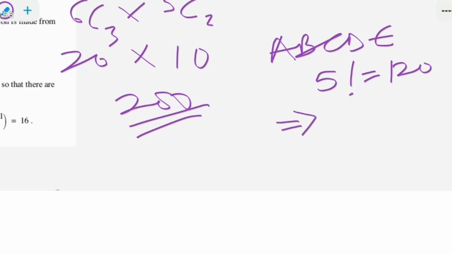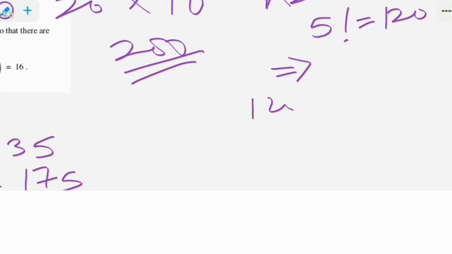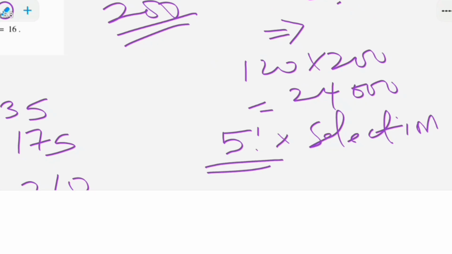So you now multiply these 2 answers together: 120 times 200 ways of selecting them will give you 24,000. So arrangement times selection. That's the formula for this kind of question.